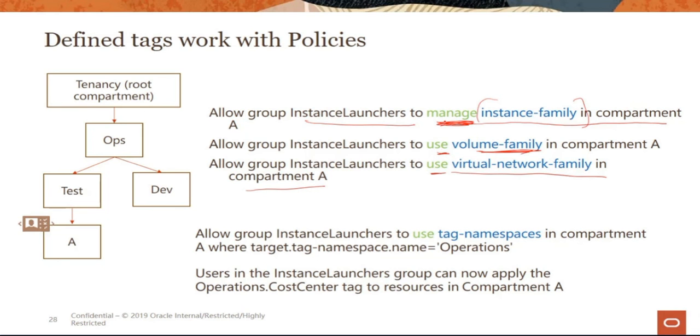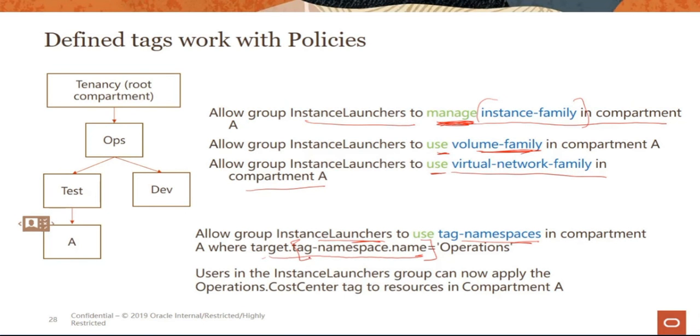Now you could secure your defined tags with policies as well, right? For example, if you want these users to use namespaces, you could just leave it there, or you could make it conditional and more powerful. So you could say the target namespace name. Remember, this is the example of a complex policy. We talked about request.operation and target.name. Those are the two keywords you use with variables.